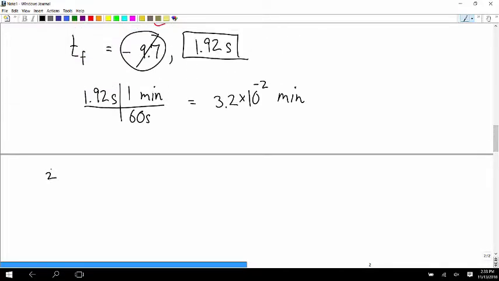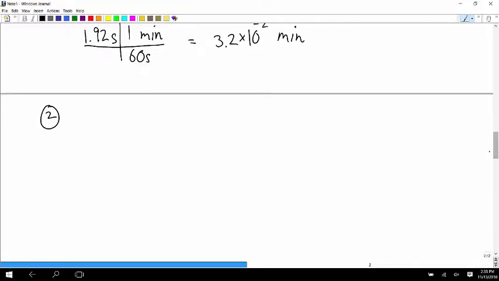Then number 2 is just straight vector problems. You're given a vector that makes an angle of 40 degrees with this vertical. So this angle is 40 degrees, and the length of the vector is 10.